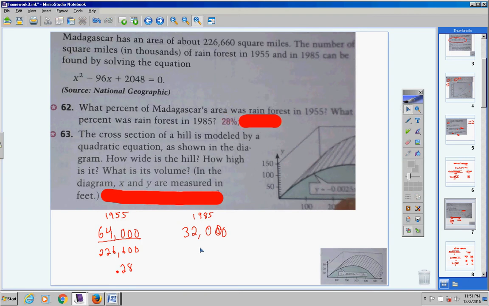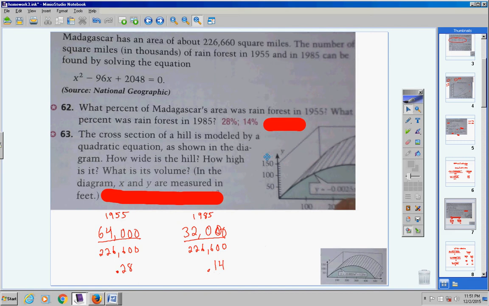So we got the first one right, 28%. Now, let's take 32,000 over 226,600. Let's divide and see what we get. We're getting 0.14, and 0.14 would be 14%.